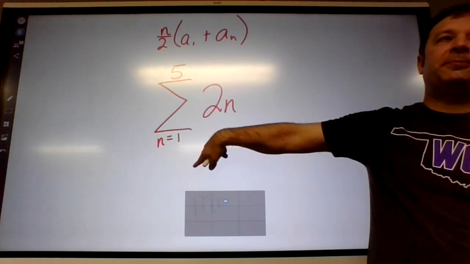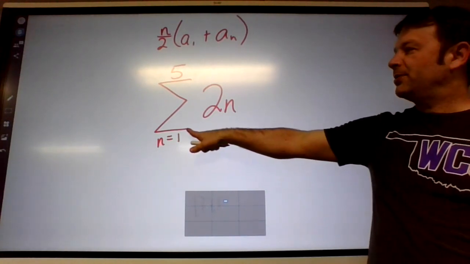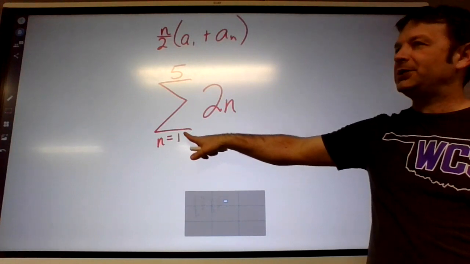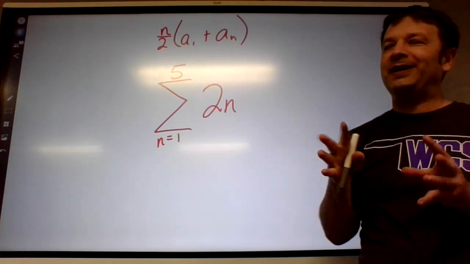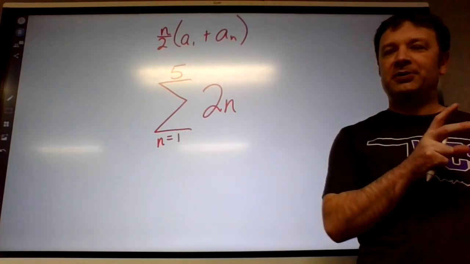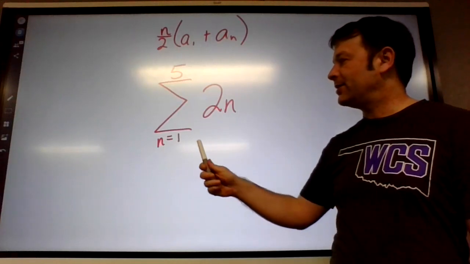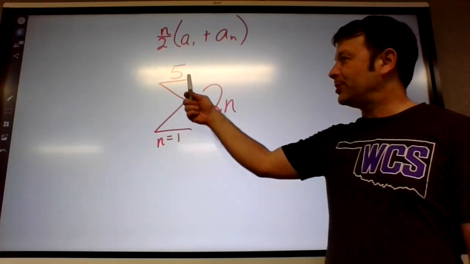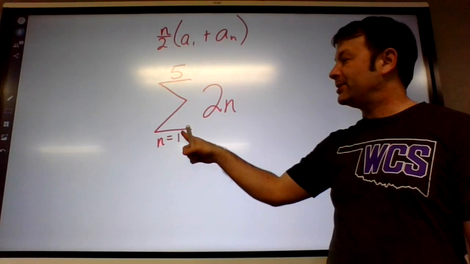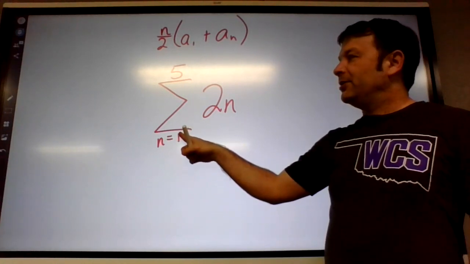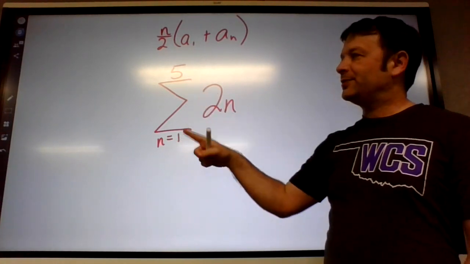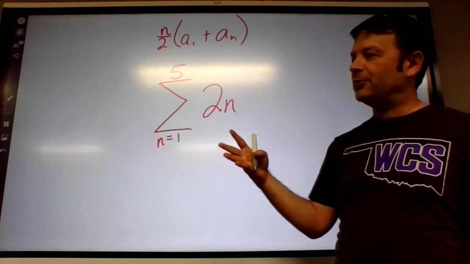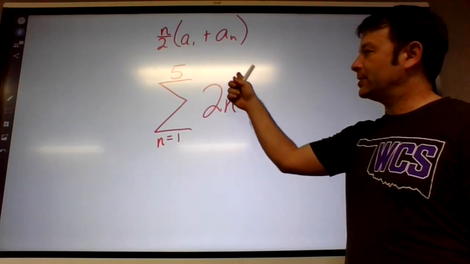Alright, here we go. Listen up. So, sigma notation is used to define series, a set of numbers that are added together. What this n equals 1 and 5 thing means is we're going to plug in 1, 2, 3, 4, and 5 into whatever is over here.